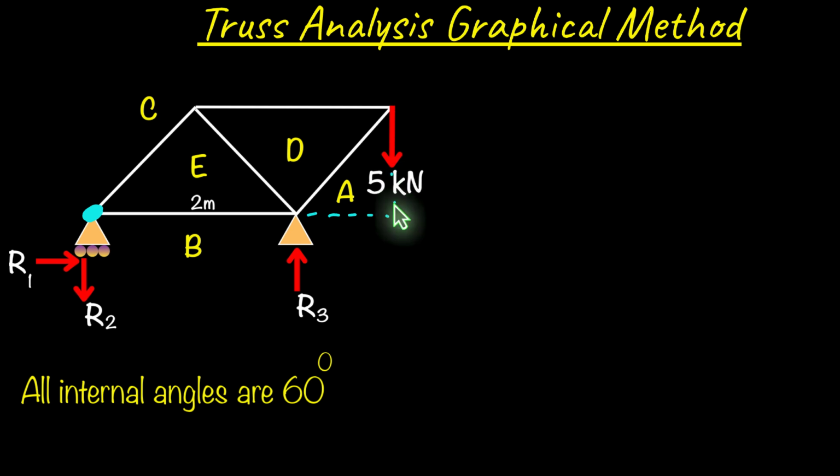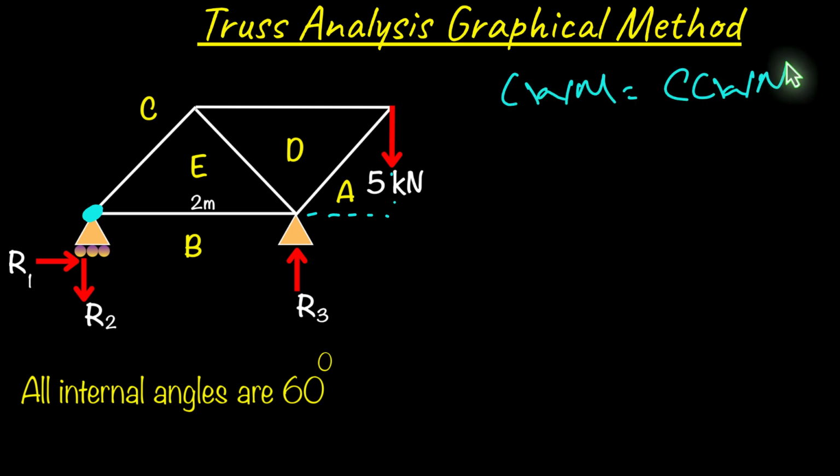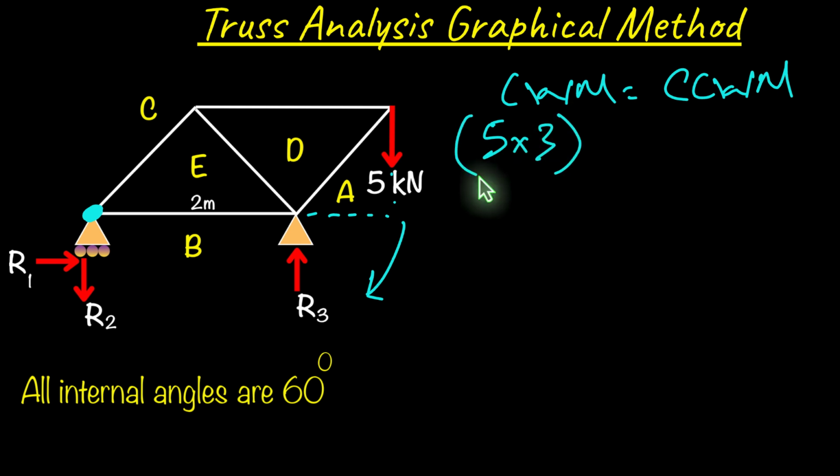So what we'll have set up is our clockwise moment equals our counterclockwise moment. And the 5 kilonewtons is trying to rotate clockwise. So we do 5 multiplied by our 3 for the perpendicular distance. So that's this 2 meters plus another 1 meter right there.